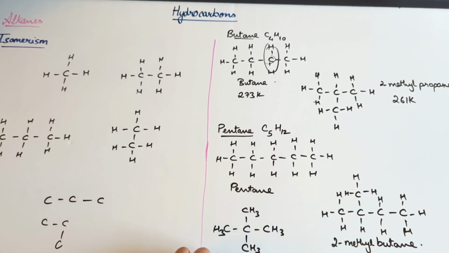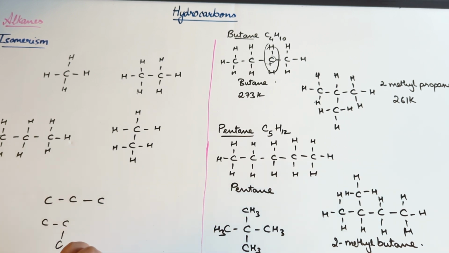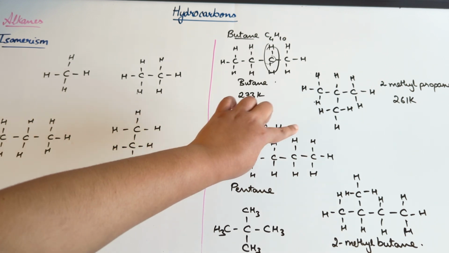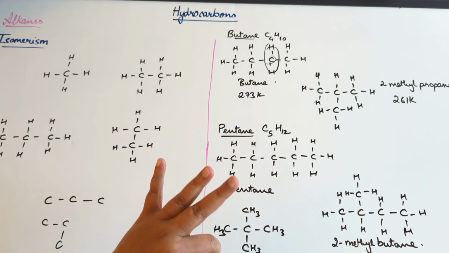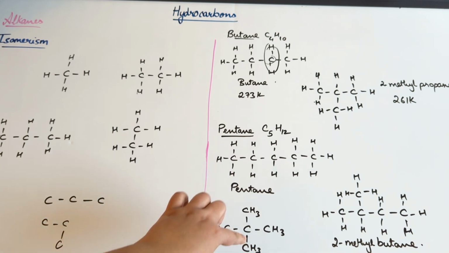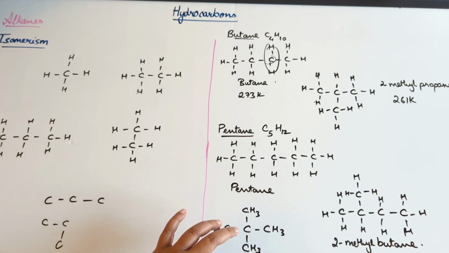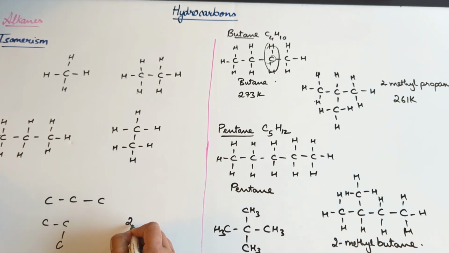So 3, 4, 5, 6, 7, 8, 9, 10, 11, 12. 12 hydrogen atoms. So it is still following the C5H12 formula. But the name is going to be, the chain length is 3, which means it's a propane. And at the second carbon atom, you have 2 methyl groups attached to it, which means the name is going to become 2,2-dimethyl propane.